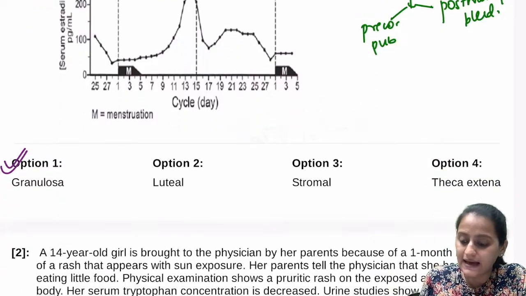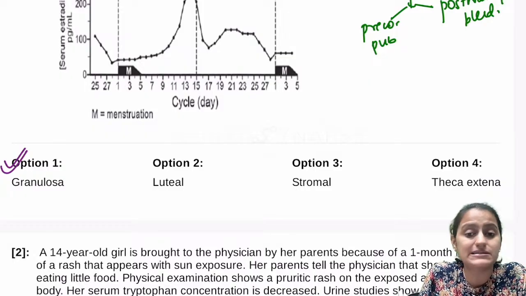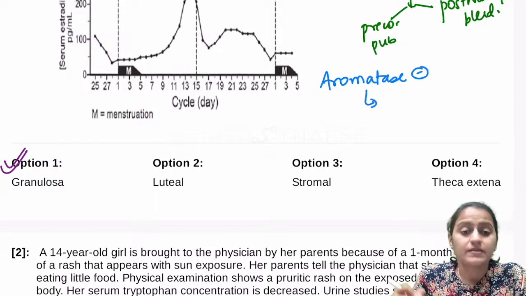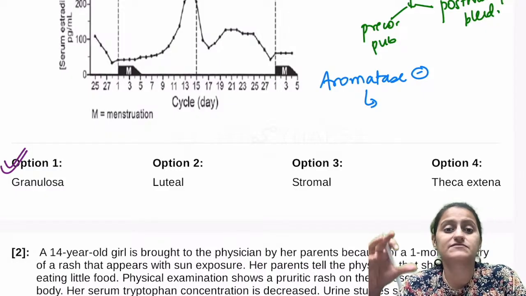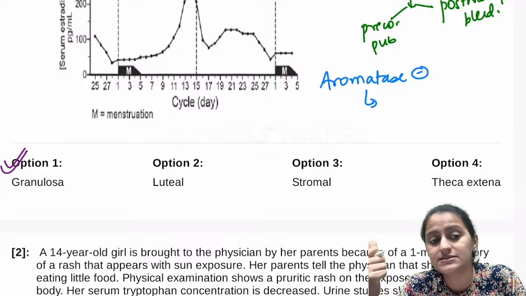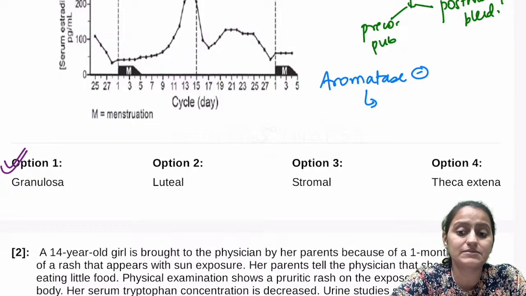Right? And another quick question here related to aromatization. Can you tell me drugs which are aromatase inhibitors? What are the drugs which are aromatase inhibitors? Remember, aromatase inhibitors will prevent the formation of this estrogen. So you use it in breast cancers, right? So what are the drugs which are aromatase inhibitors? Anyone?